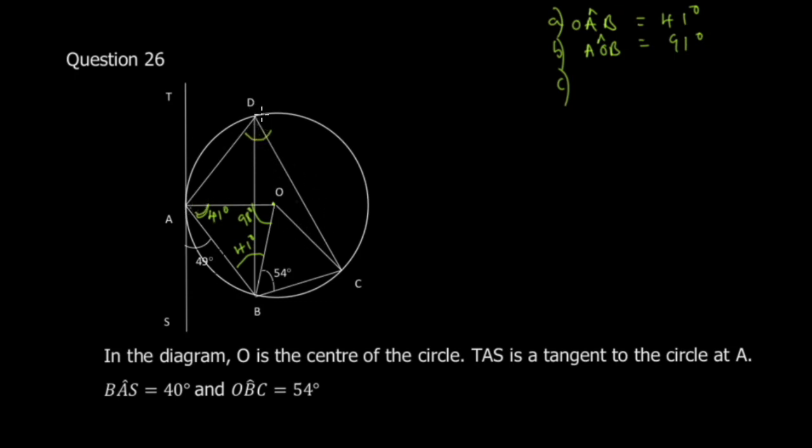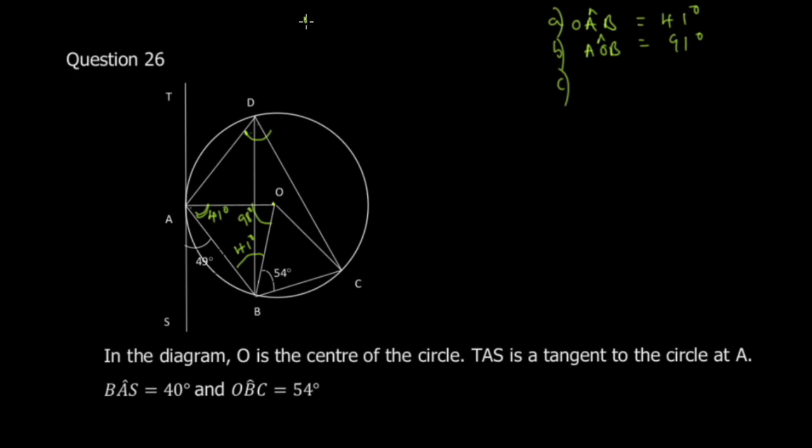So ABCD is a cyclic quadrilateral, okay? In a cyclic quadrilateral, opposite angles add up to 180, okay? So you have 41 here and 54. So you actually have 95 all in all, and 95 from 180.